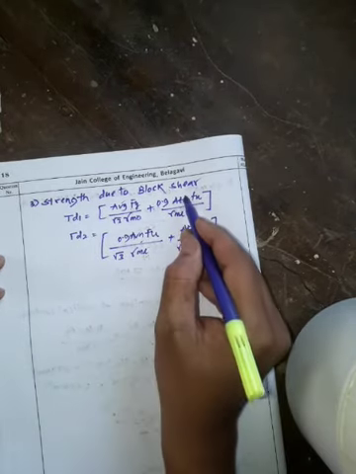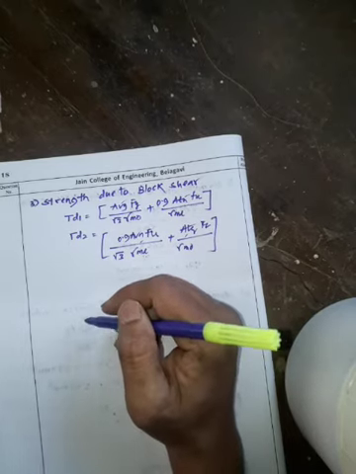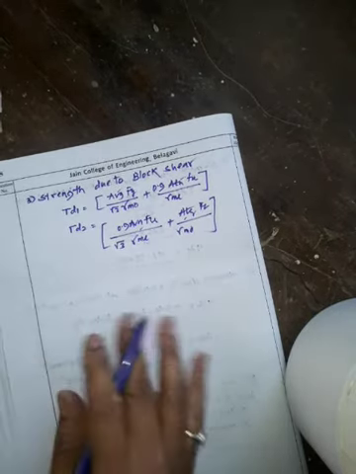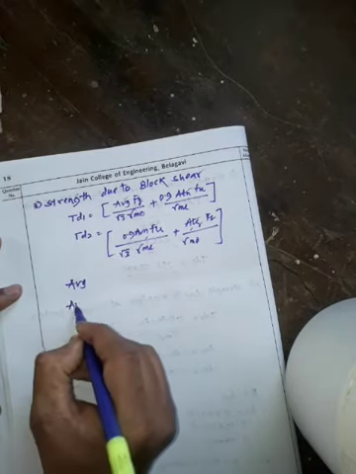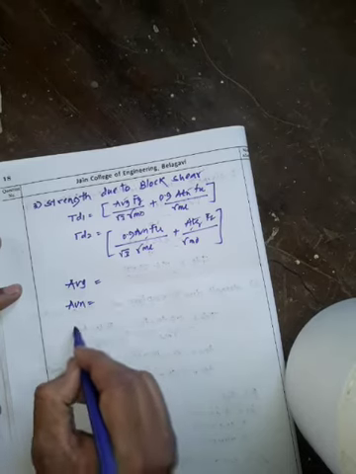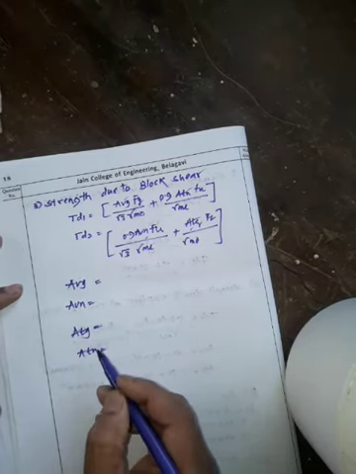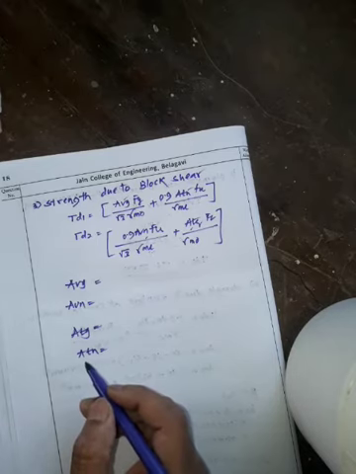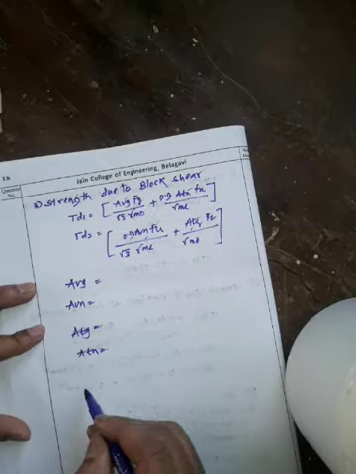Avg, Avn, Atg, Atn. The main important terms here are the areas, that is Avg, Avn and Atg, Atn. We'll calculate them one by one. So what is Avg? Avg is the gross area. Soon I'll go back and I'll show you.